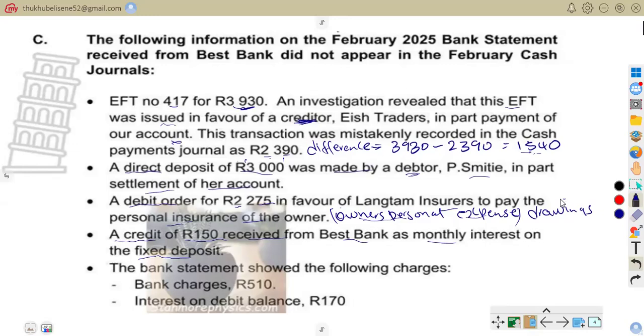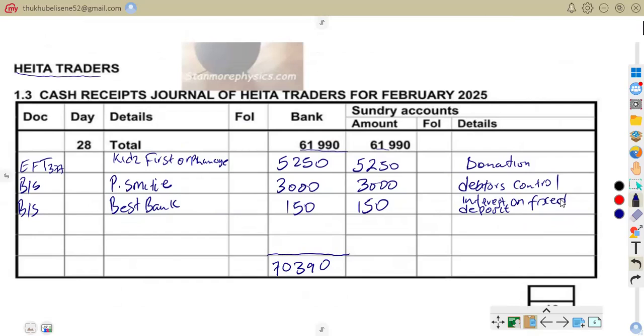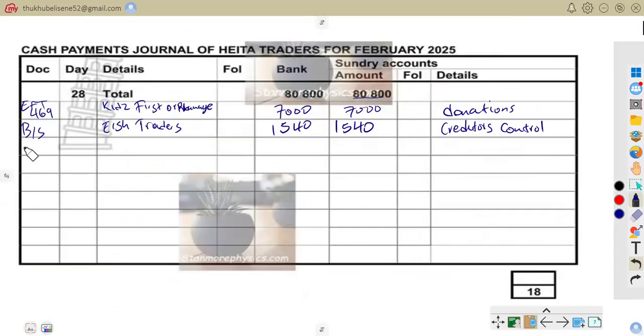So we are going to write the ABS, then we are going to have the long-term insurer. We have this much, 2,275, and we have said this is drawings because it was taken for personal use. So hope you're together on that.